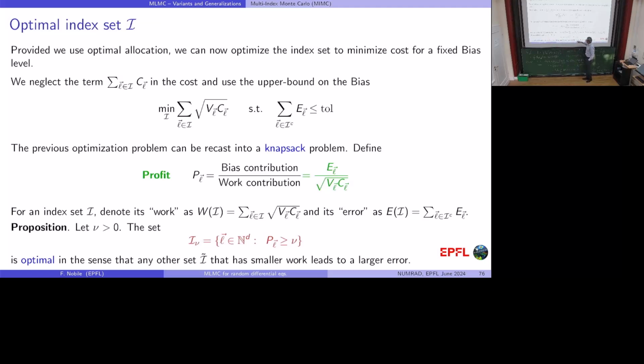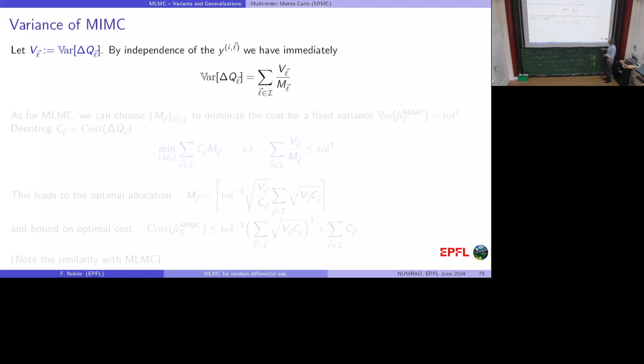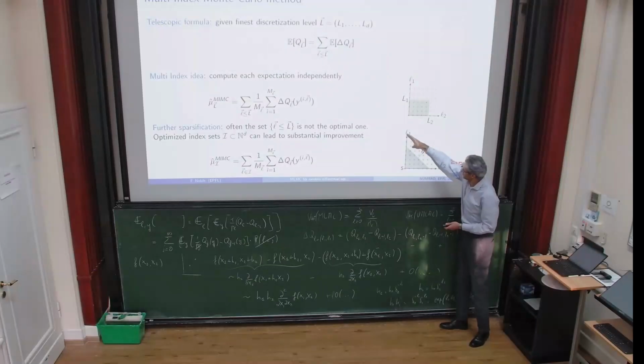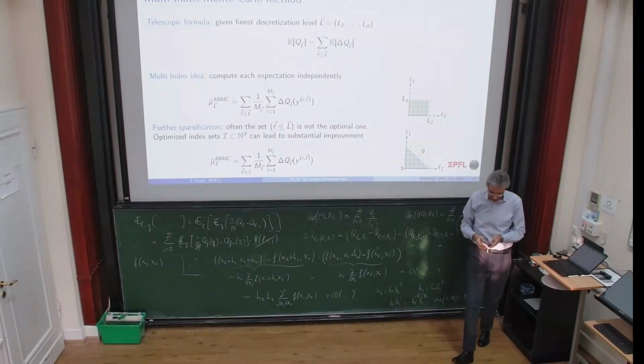For this threshold, the optimal index set is the collection of all multi-indices for which this profit is larger than nu. Okay? And nu, you should find so as to meet the tolerance requirement. So again, what you end up with are lines of this type, and you should chop at the right point.